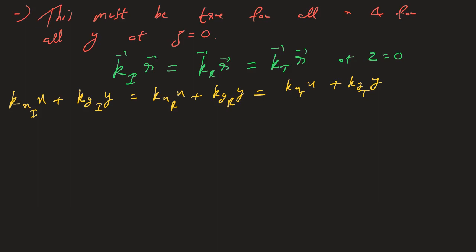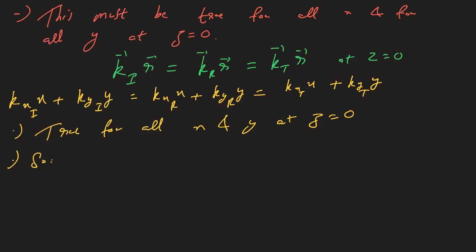Okay, all of these things must be equal to each other. So this is true for all x and y at z is equal to 0.